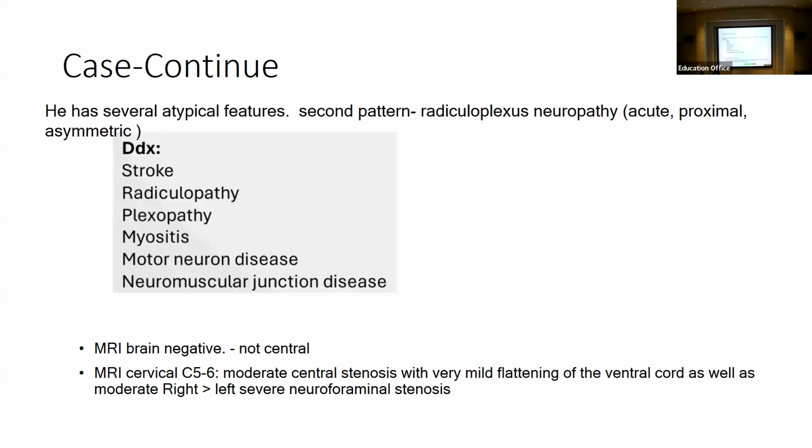He also got an MRI cervical spine, which shows C5 to C6 moderate right and severe left neuroforaminal stenosis, which cannot explain his left-sided weakness. So we think it is probably not caused by radiculopathy.